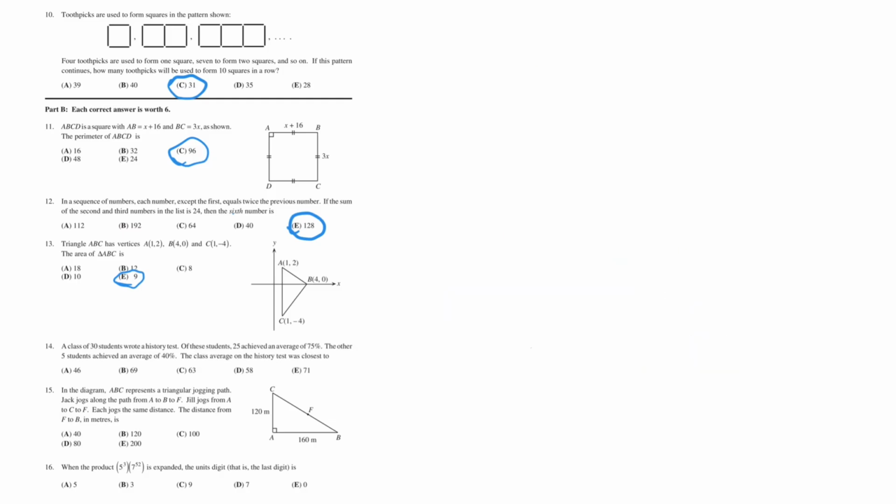Number 14. A class of 30 students wrote a history test. Of these students, 25 achieved an average of 75%. The other 5 students achieved an average of 40%.